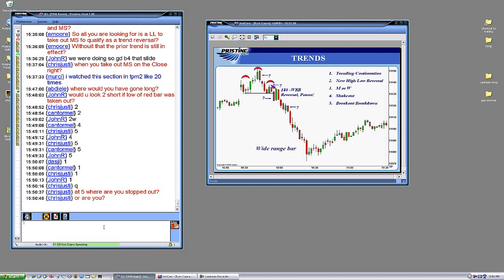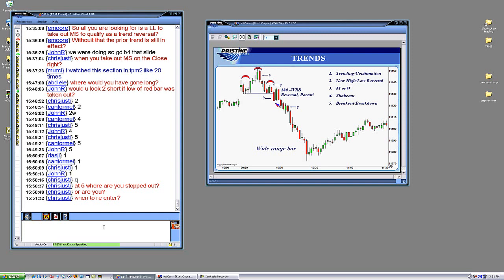I wouldn't have given it all the way back to the top of this bar here, not with the way that closed. But after that next bar was reversed, I would have had to re-enter. But if you left your stop up here, you would have been perfectly fine. I mean, you would have been sweating it, but you would have been okay.